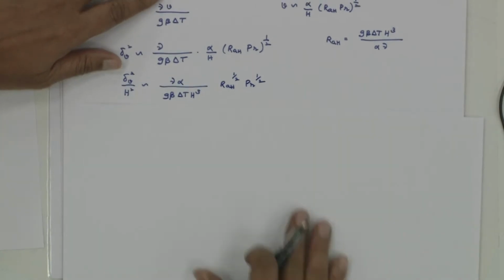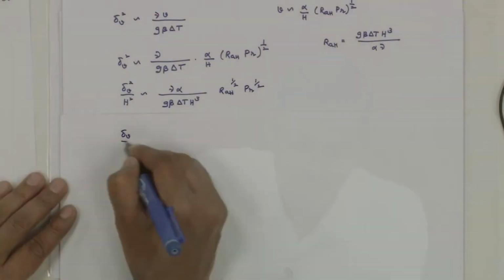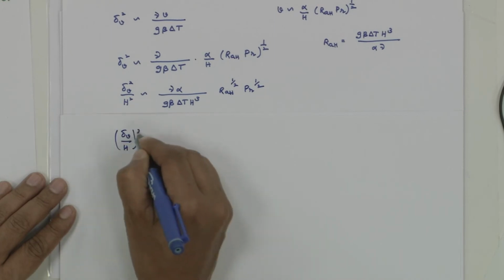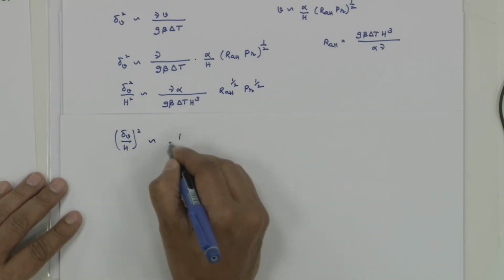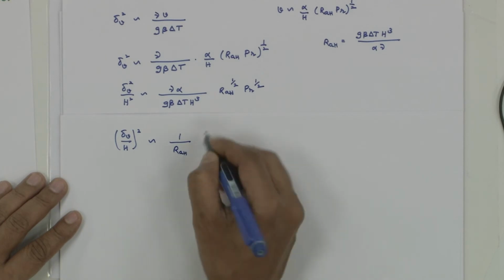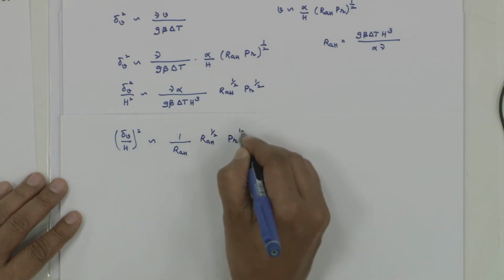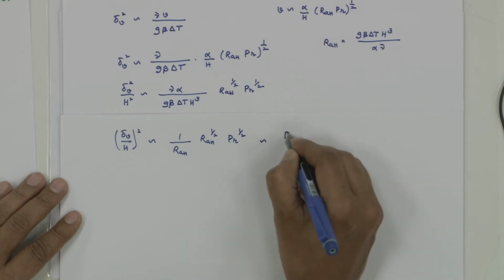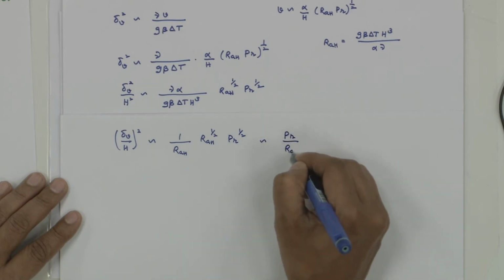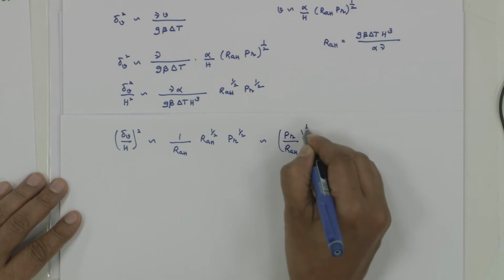So what do I get? I get (delta V by H) whole squared is of the order of 1 upon Rayleigh into Rayleigh to the power of half into Prandtl to the power of half. That is, I get Prandtl upon Rayleigh to the power of half.